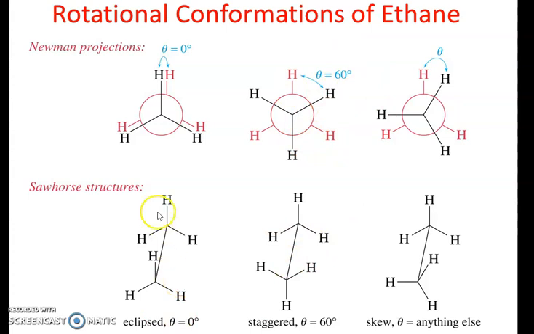Because in the eclipsed form, the CH bonds of the front and back carbon overlap the maximum. Since they are very close to each other, definitely there will be a repulsion, and that repulsion causes a strain on the molecule, and that strain is known as torsional strain.